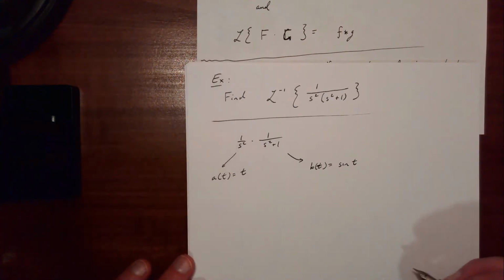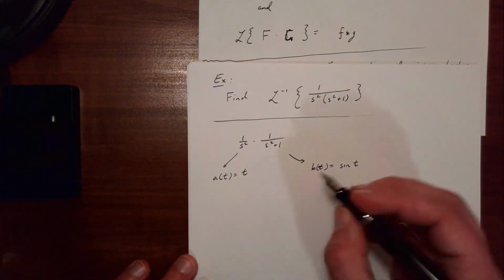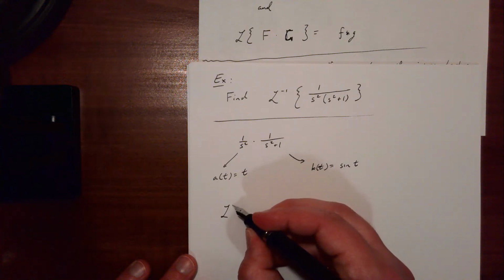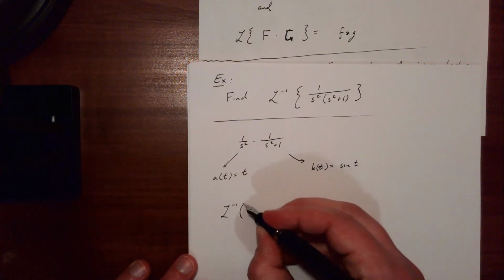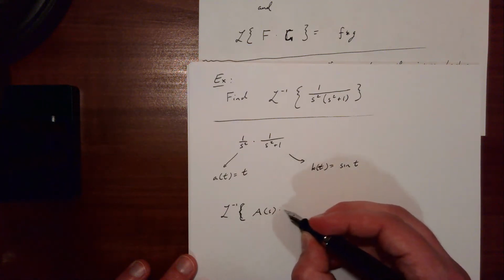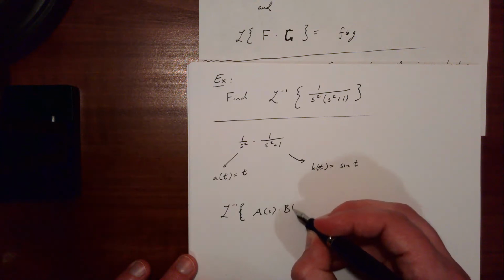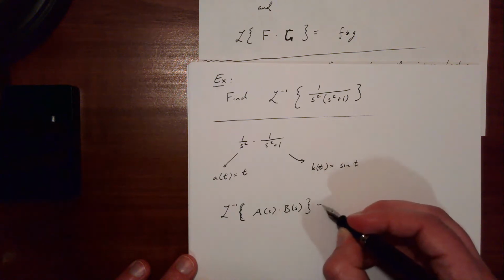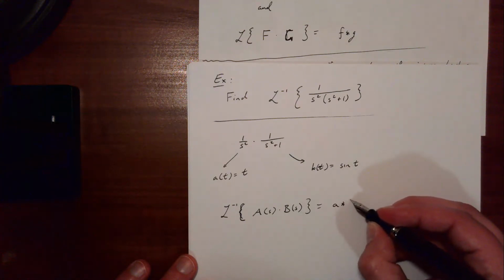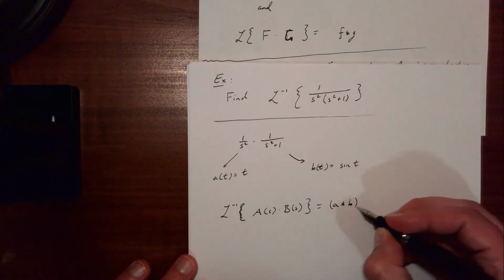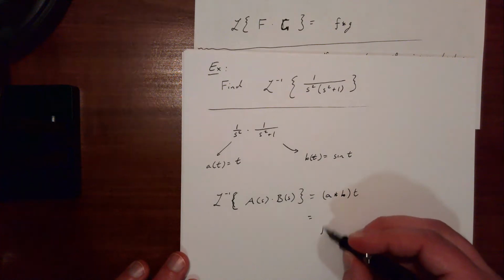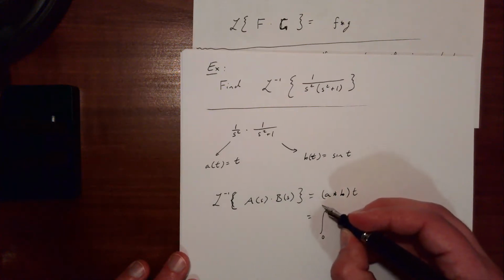All right, well then the inverse Laplace transform of a of s times b of s is going to equal the convolution of little a and little b, which in turn is going to then be the integral from 0 to t.